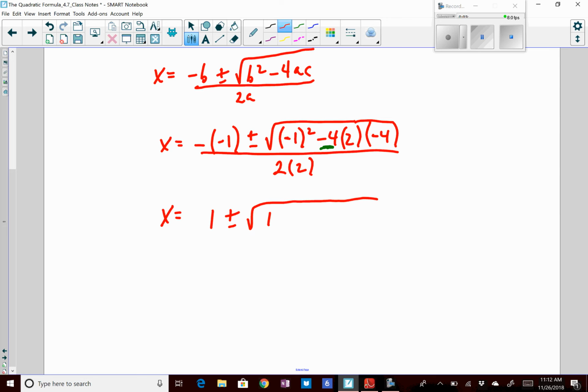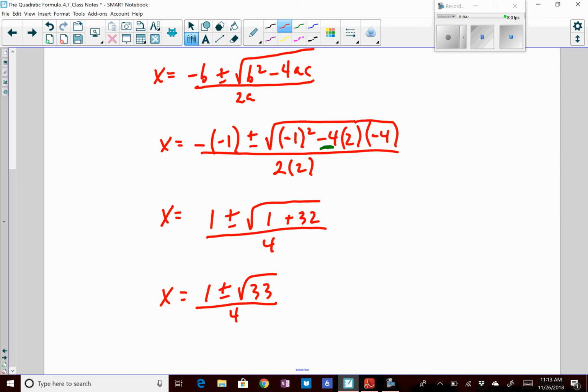So -4 times 2 is -8, and -8 times -4 is +32. And that's all over 4. Last thing is to calculate what's inside the radical. So 1 plus or minus the square root of 33 over 4.